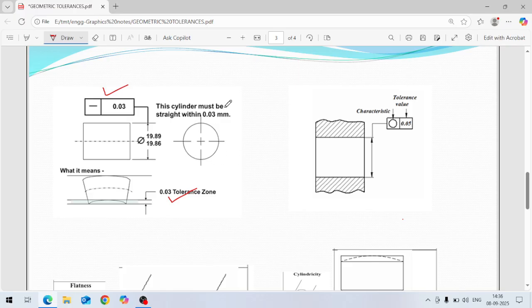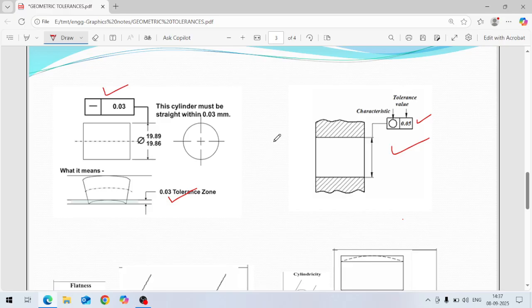Okay. So next thing is this tolerance is roundness. This symbol is for roundness, the round symbol, and the tolerance value given here is 0.05 mm. Roundness means any error in the roundness.